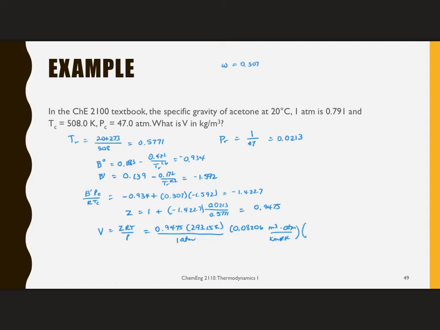And in this particular case, the molecular weight of acetone is 58, so 58 kilograms per 1 kilomole. I end up with V equal to 0.393 cubic meters per kilogram. And this is for a gas.